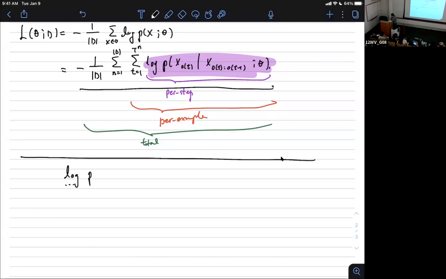It's the log probability of x_t, let's use t instead of O because O is going to be identity, given x_1 to x_{t-1}. So this is the log probability of the correct word at time step t given all the previous words.